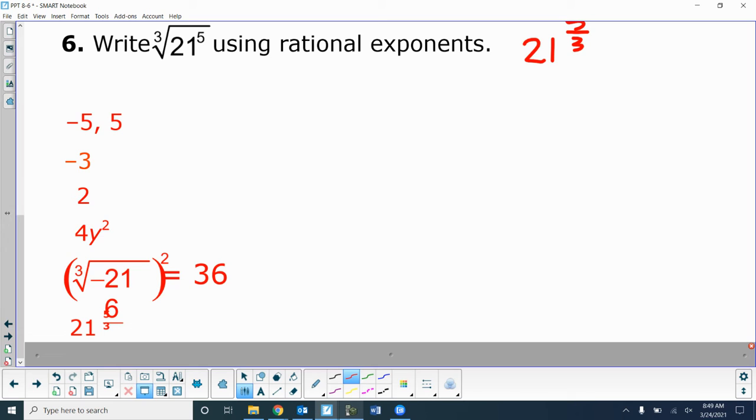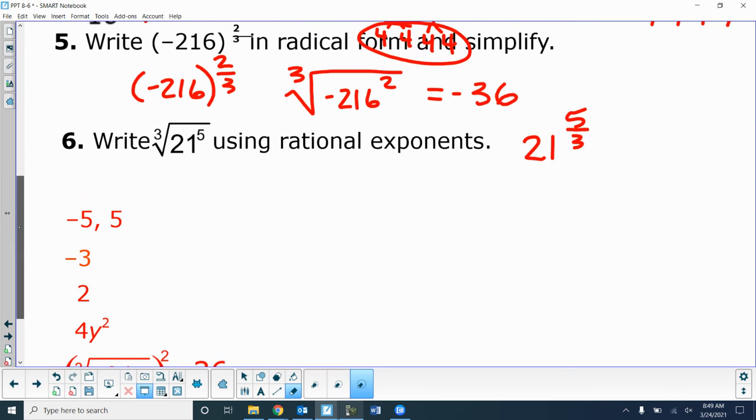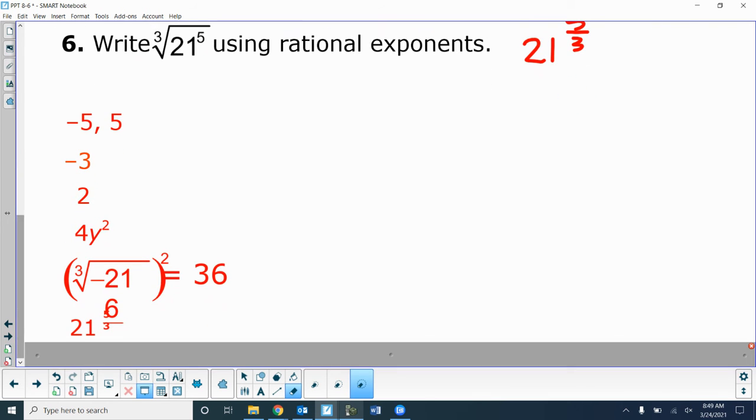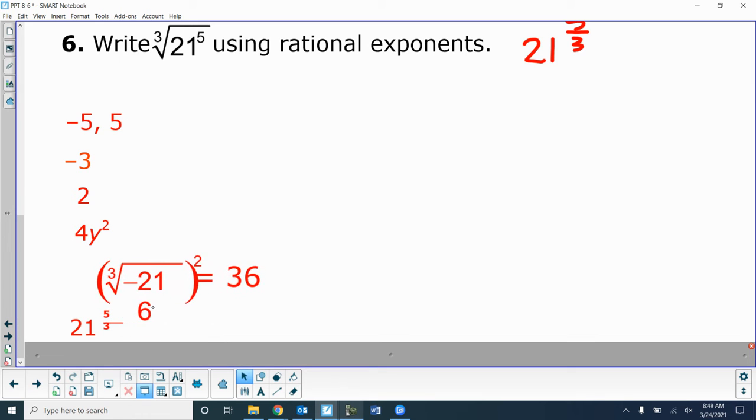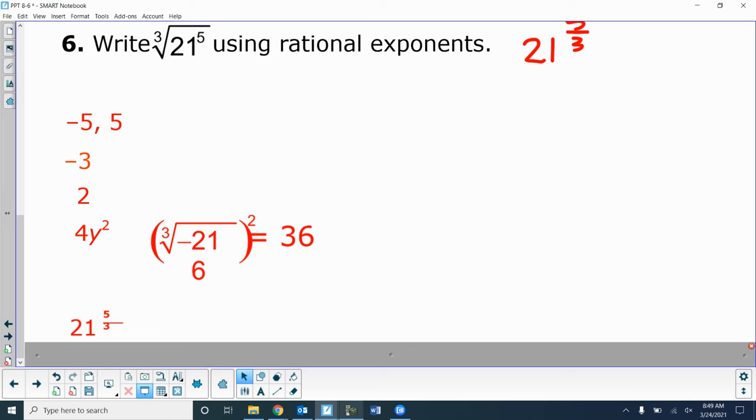And then, let's get rid of that. The 6, what was that one for? Where's the 6 from? I don't know why that's in there.